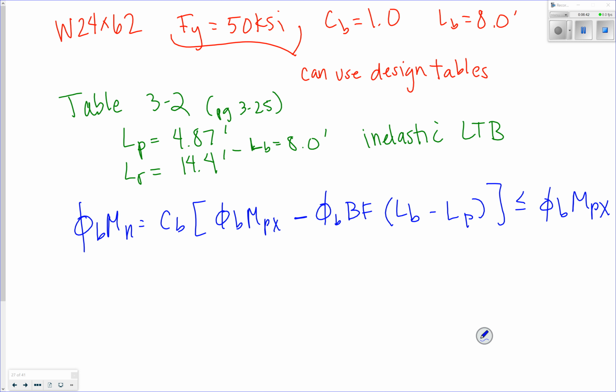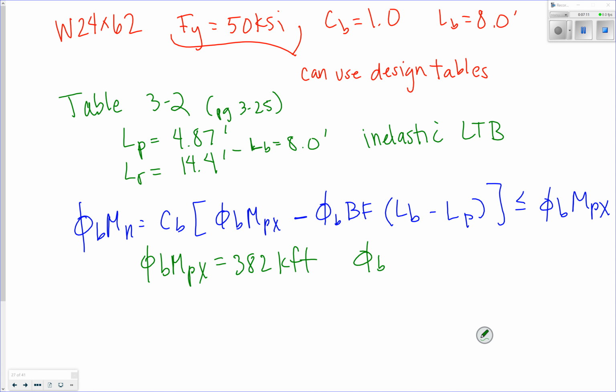And I know everything. Well, I always know everything. But I want to make sure I know my phi, right? If I go back to page 3-25, my maximum plastic moment for a W24x62 is 382 kip-feet.